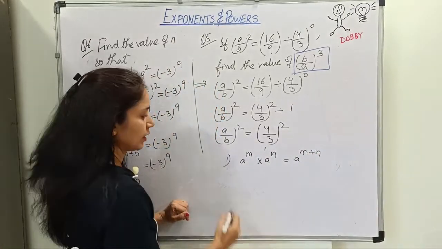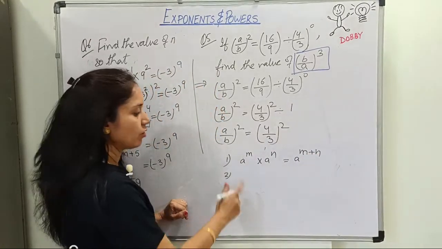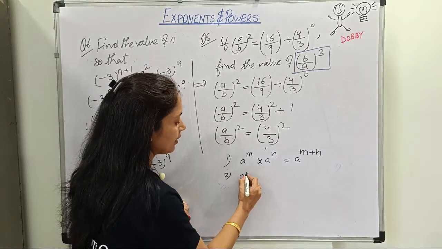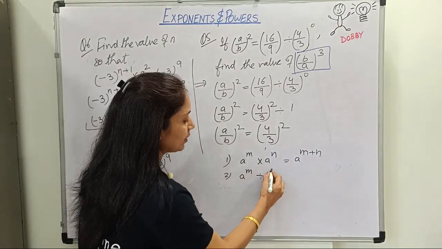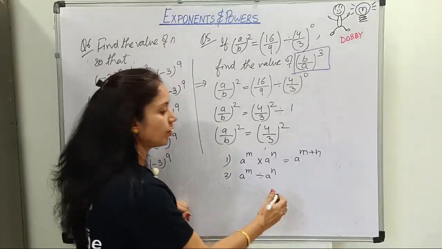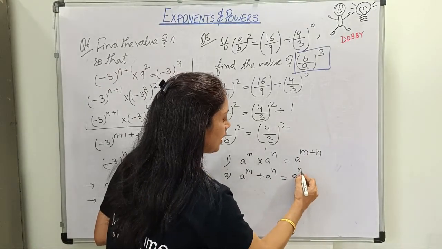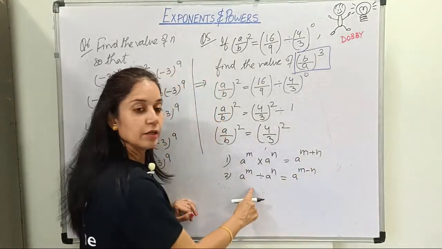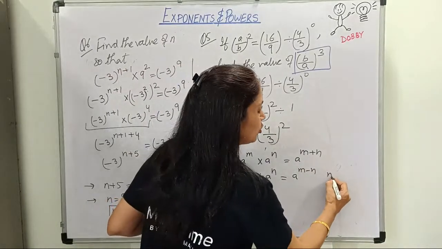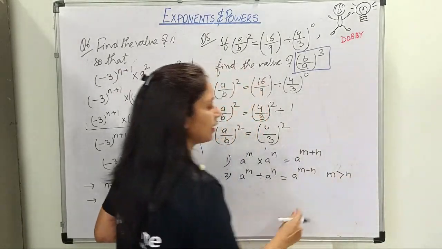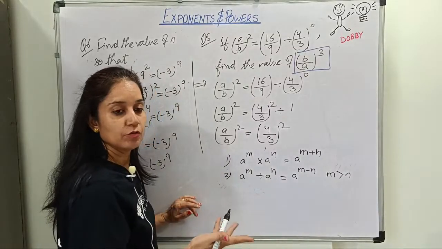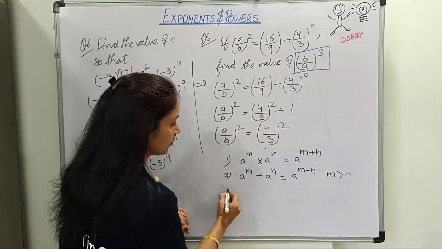Now division: a raised to the power m divided by a raised to the power n. In division we subtract, m minus n. Here m should be greater than n, because from the bigger you have to subtract the smaller.